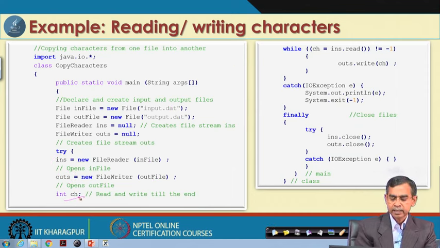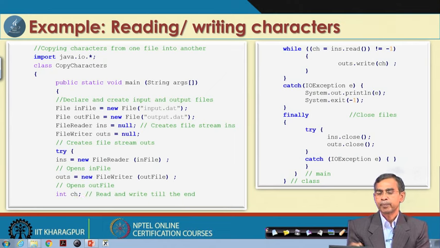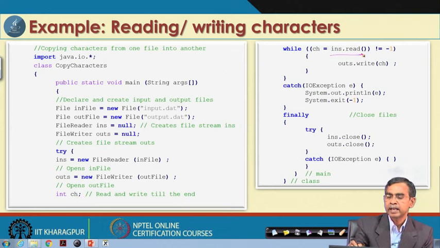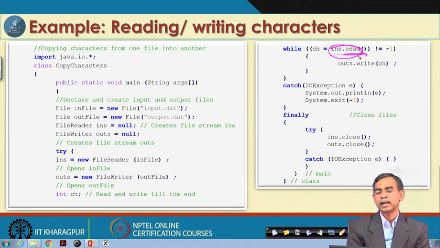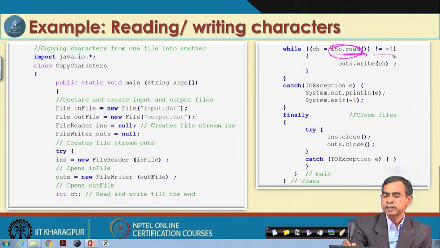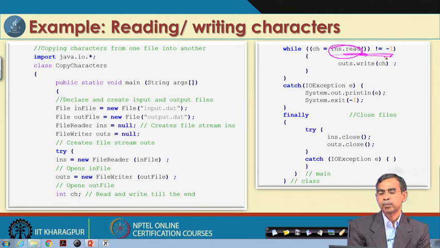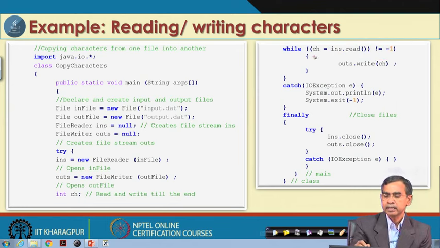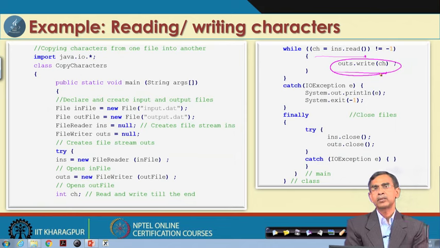Now, here is an integer variable c, a temporary variable, and here you can see ins.read, that means from the input object the read method will read one character at a time, until the end of file. It reads a character from the file and outs.write writes the same character into the output file.